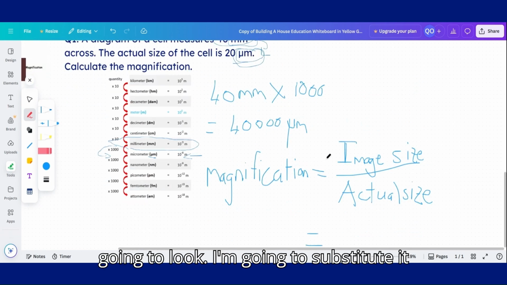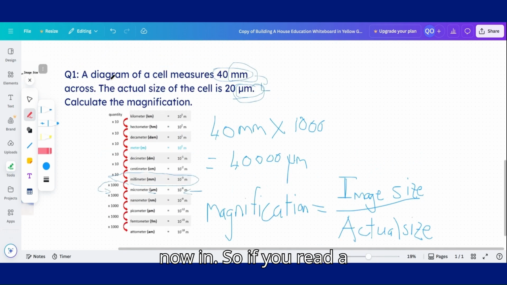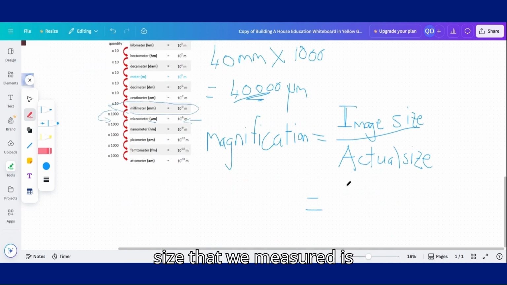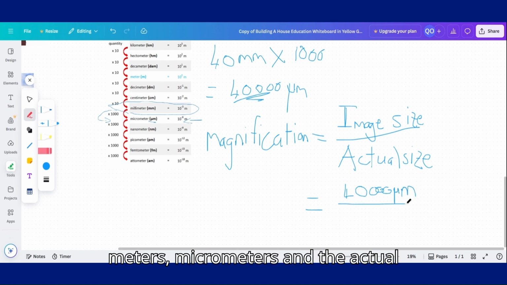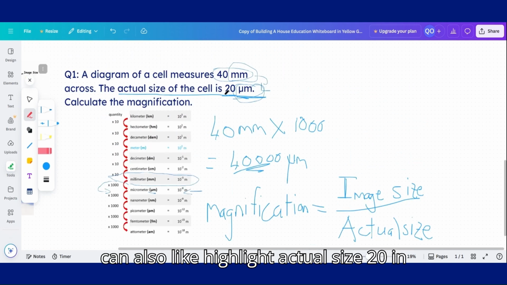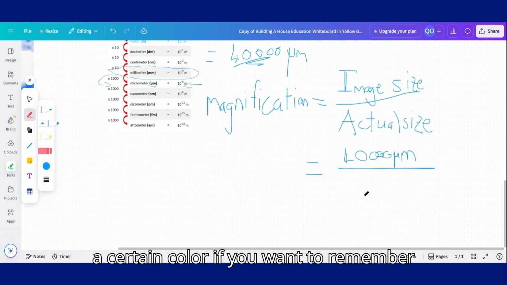Now I'm going to substitute it in. If you read, a diagram of a cell measures 40 millimeters across, this is now the image size, and the actual size of the cell is 20 micrometers. So the image size that we measured is now 40,000 micrometers. Remember your units. And the actual size was the 20. You can also highlight the actual size, 20, in a certain color if you want to remember that.